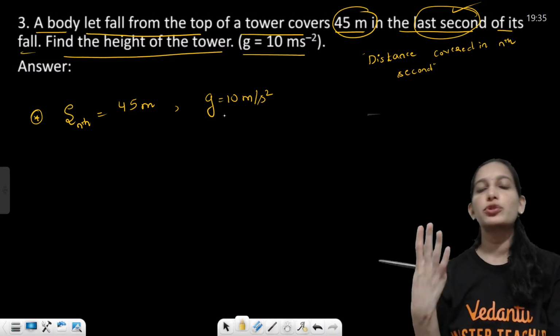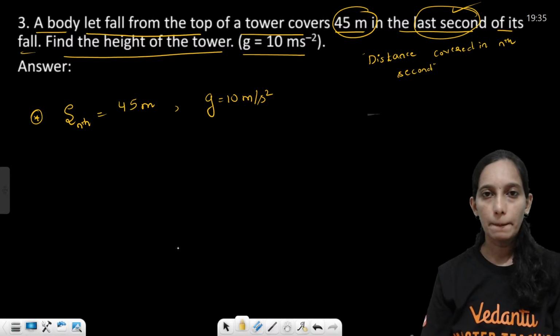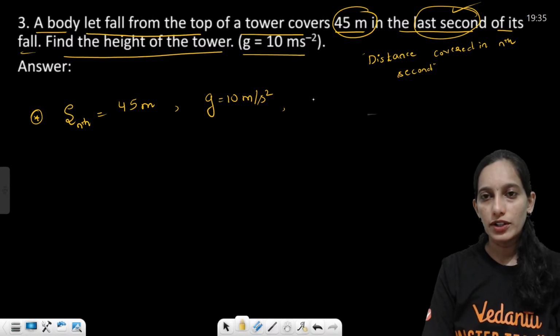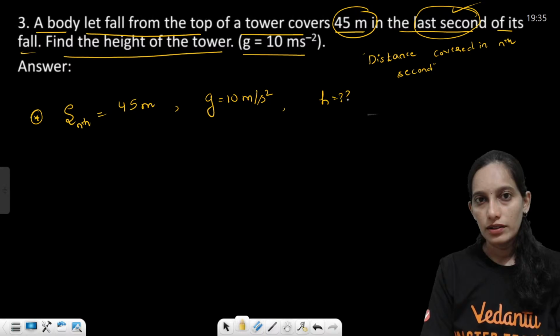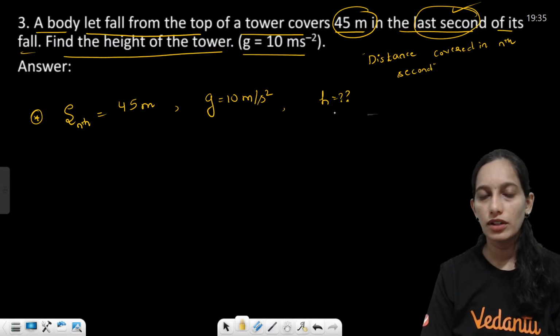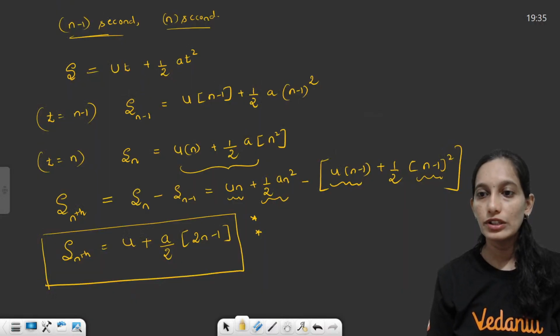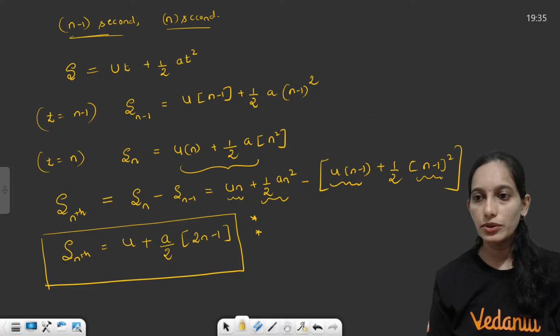But in competitive problems, most of the time you can take g as 10, no problem there. So we are supposed to find the height of the tower.